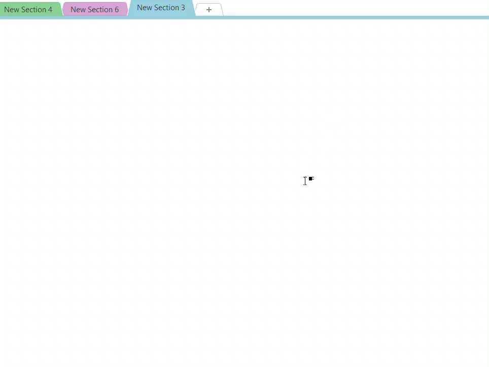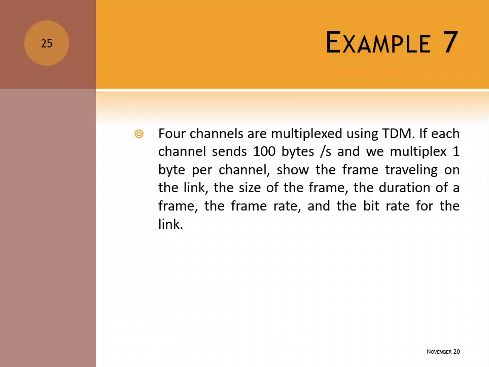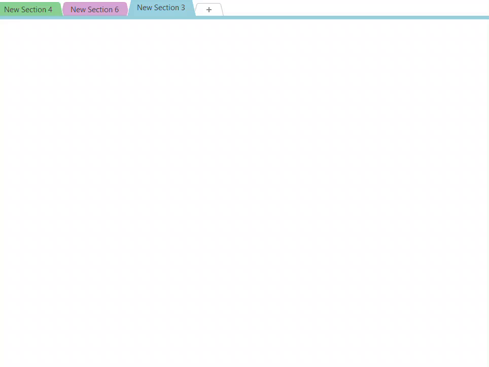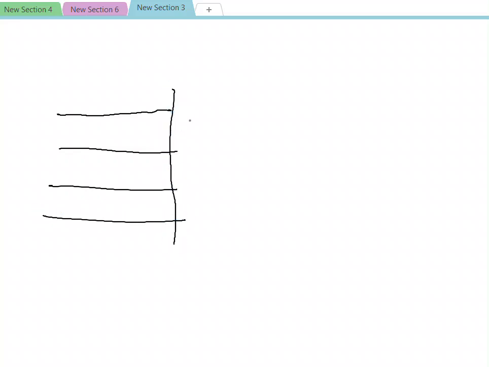First we are going to draw to show the frame travelling on the link. Kita tengok balik soalan. Soalan dia ada 4 channels. So you draw the 4 channels. Sketch 4 channels travelling on the frame.